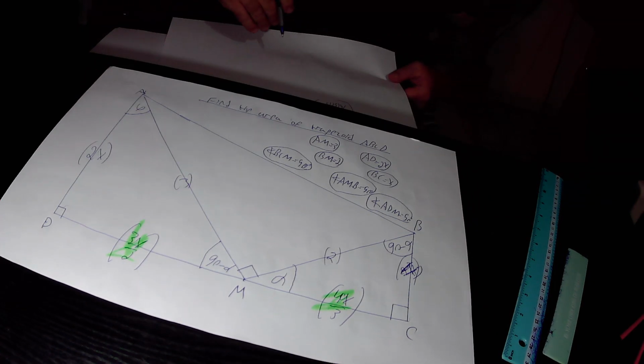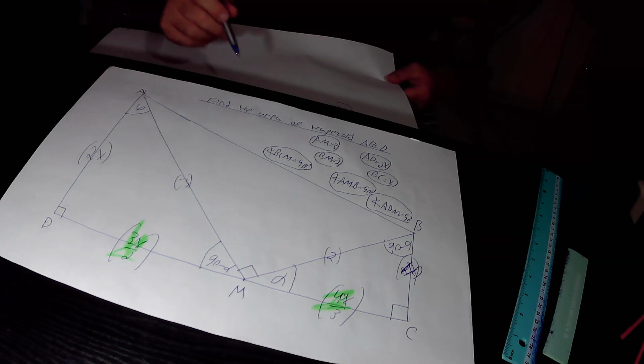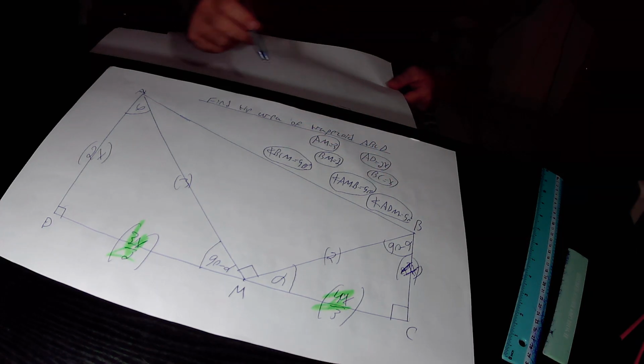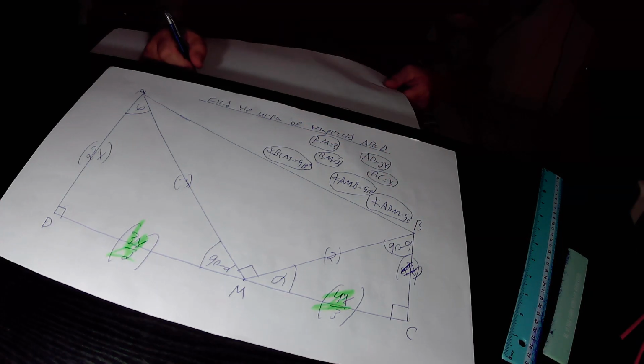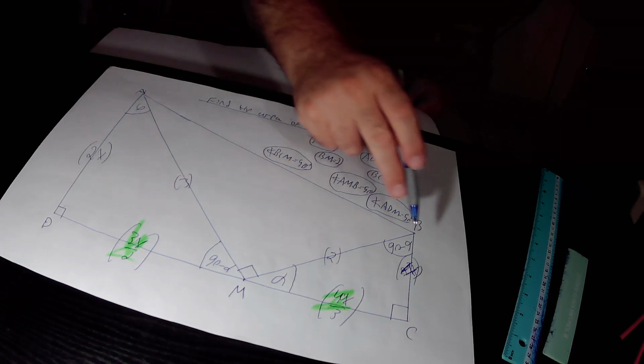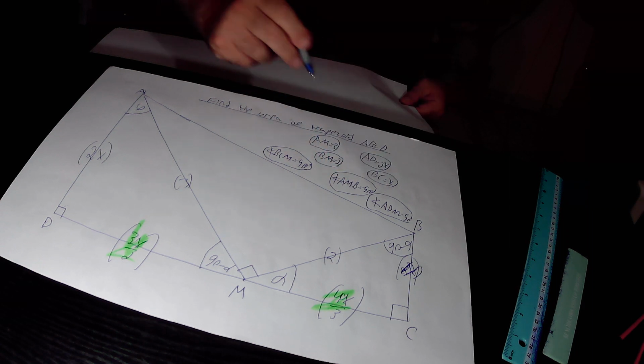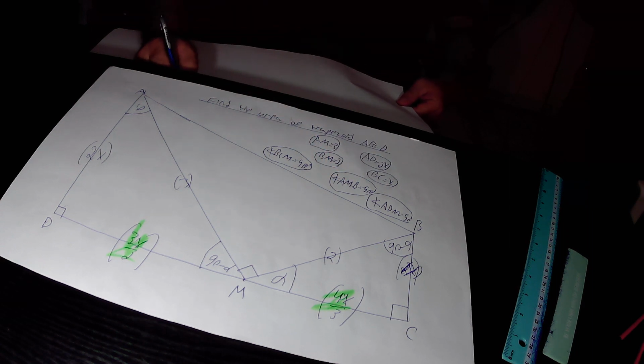AD is 2x according to what is given in the question, plus BC. BC is x, also according to the question, times DC. DC in total equals 3x over 2 plus 4x over 3, all divided by 2.